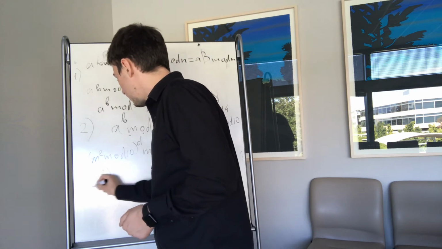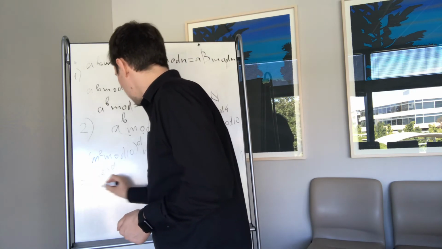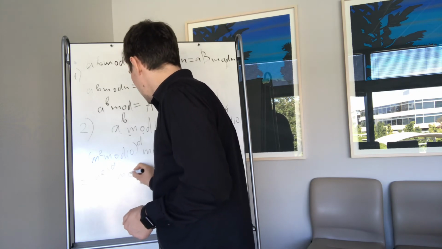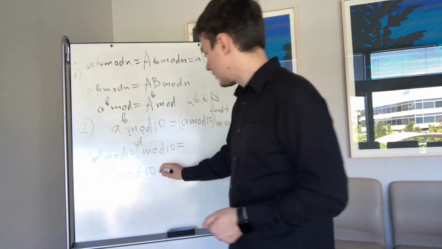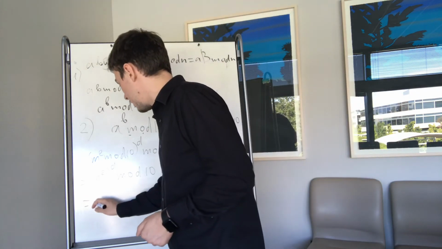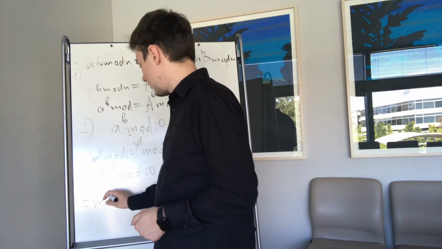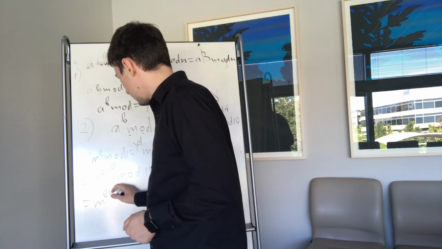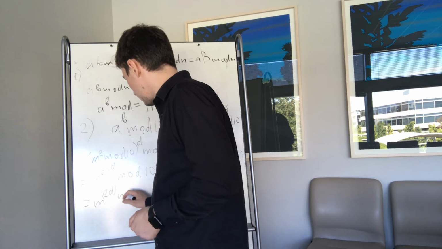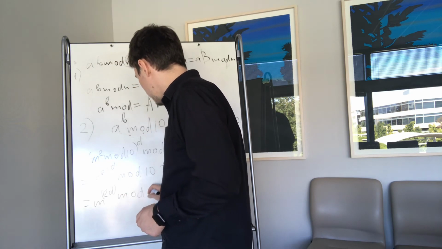M power E power D mod 10 equals M power E times D mod 10.